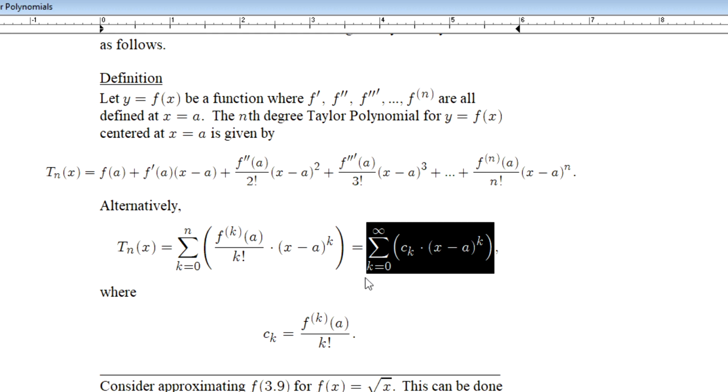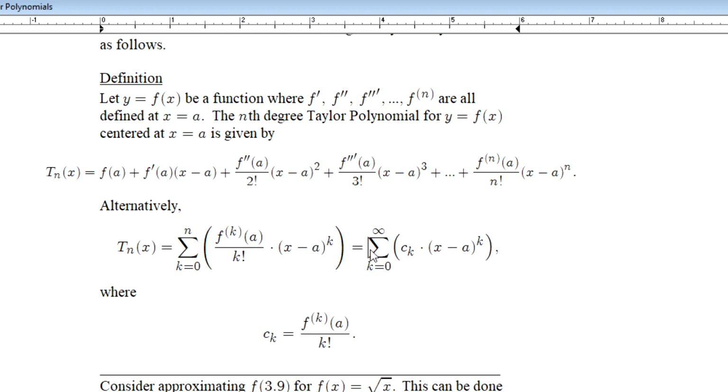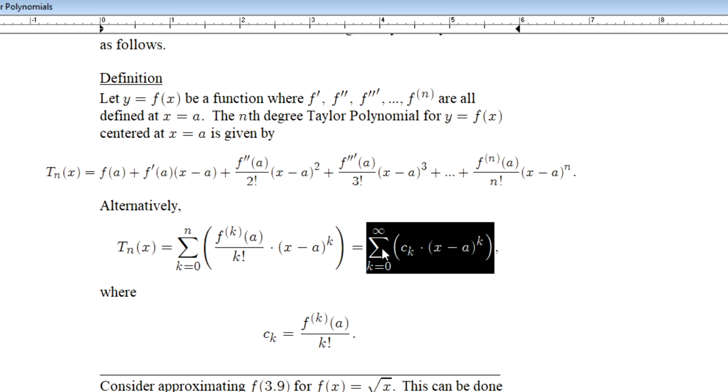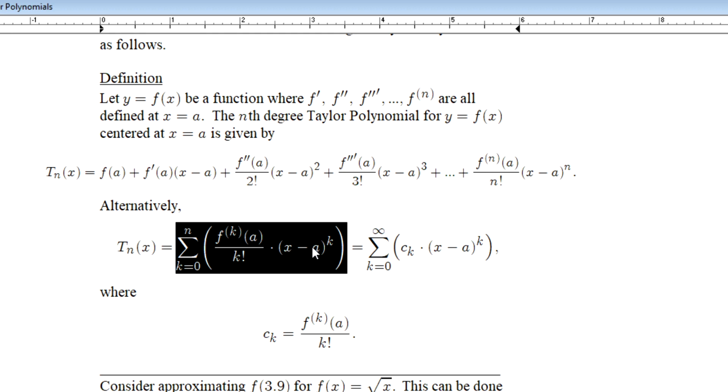And this is what we're going to familiarize ourselves with. We're going to study that in the next section, take a look at some power series and some properties of power series, and then we're going to come back and look at this specific case of a power series that relates to this format known as a Taylor series, folks.